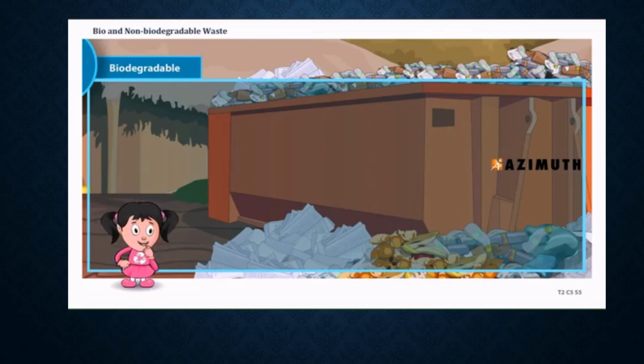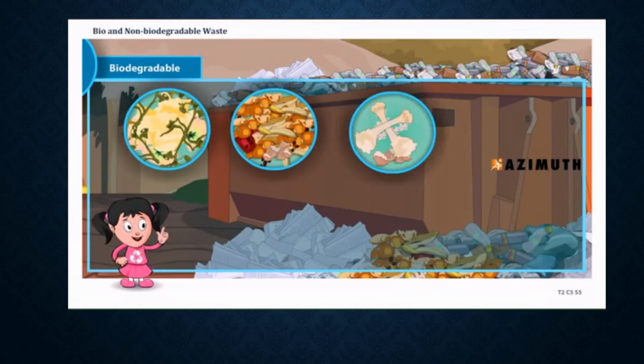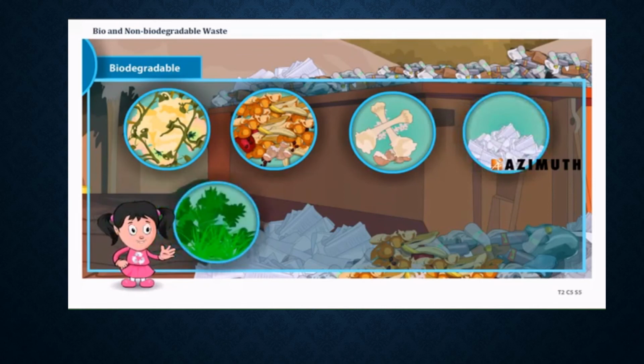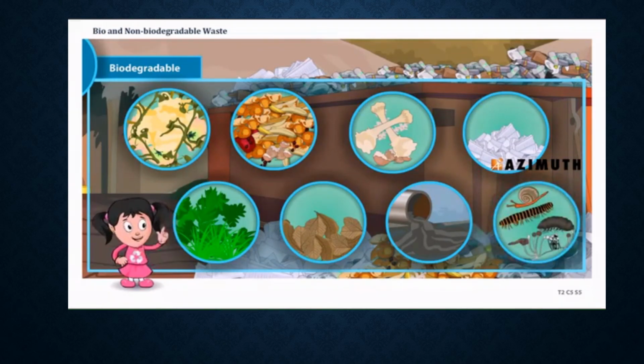Examples include vegetable and fruit peels, food scraps, paper, plant or grass trimmings, dry leaves, sewage, etc. These wastes break down and get decomposed by the action of microorganisms on them. Thus, what was obtained from the soil gets returned to the soil without any negative consequences.